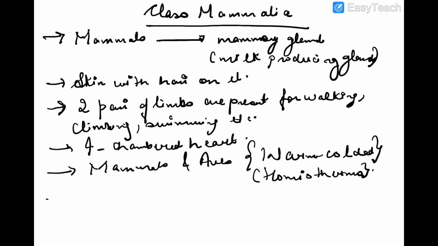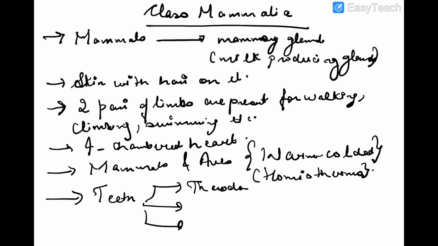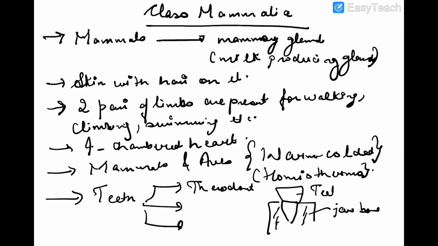Now, if we talk about the teeth of mammals, they are of three types. They are thecodont, which means the teeth are embedded inside the jawbone. This is the jawbone, and this is the teeth which is embedded inside it.